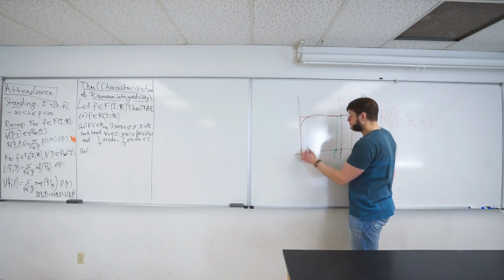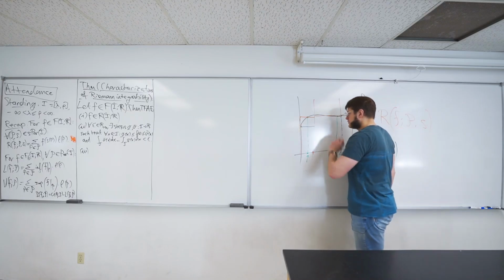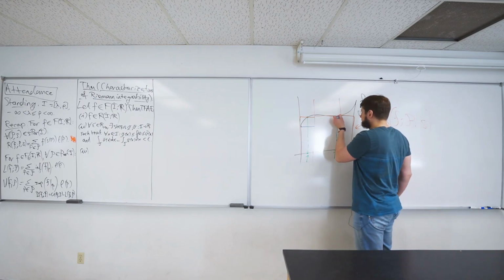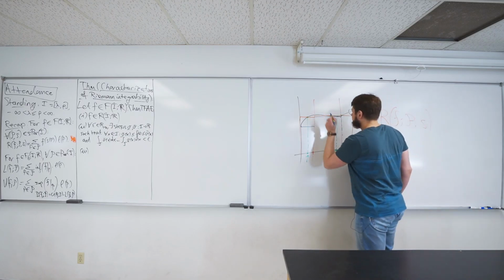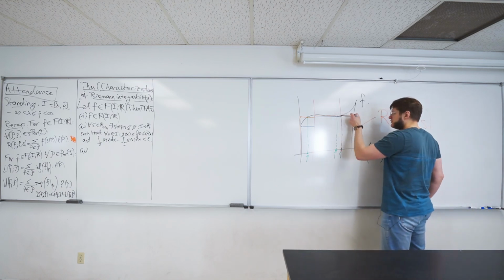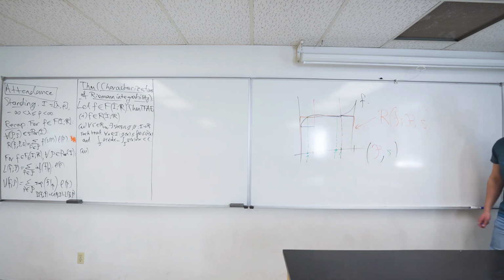So for instance, in this pixel, the inf is here, this height. For this middle pixel, the inf is something like this. And for this pixel, the inf is the same thing as this sampling point, this height.